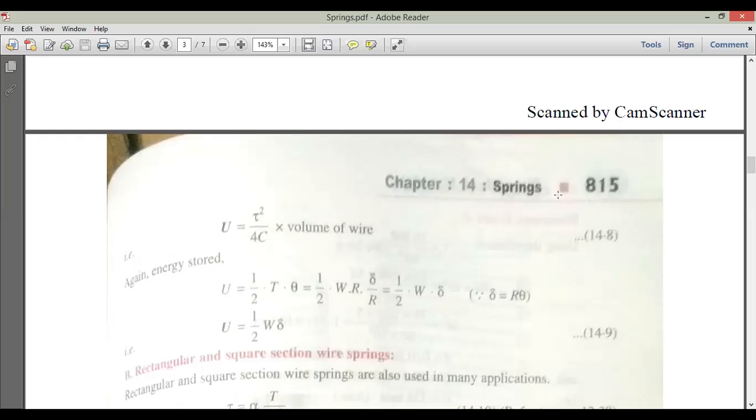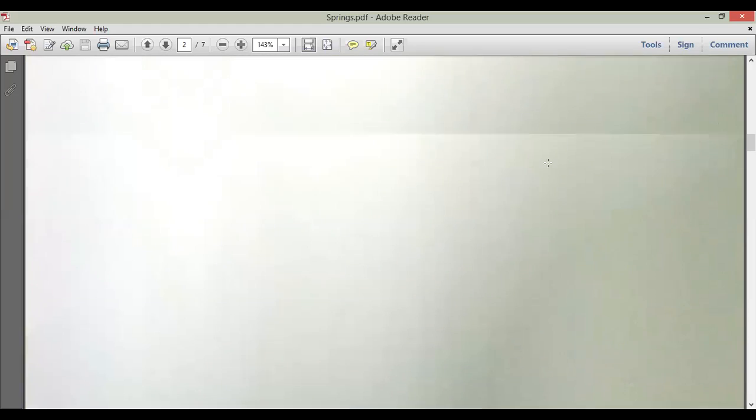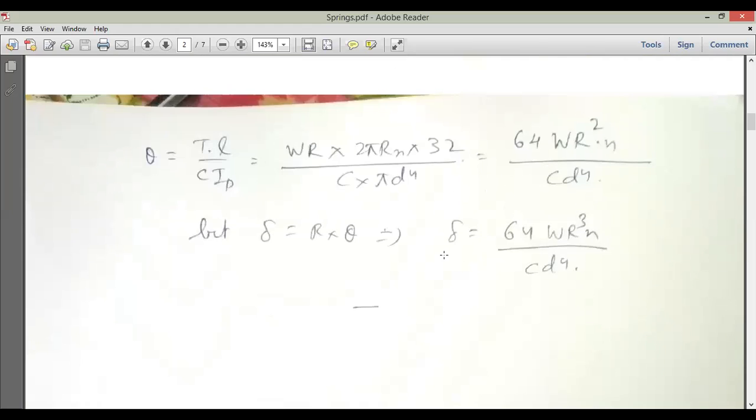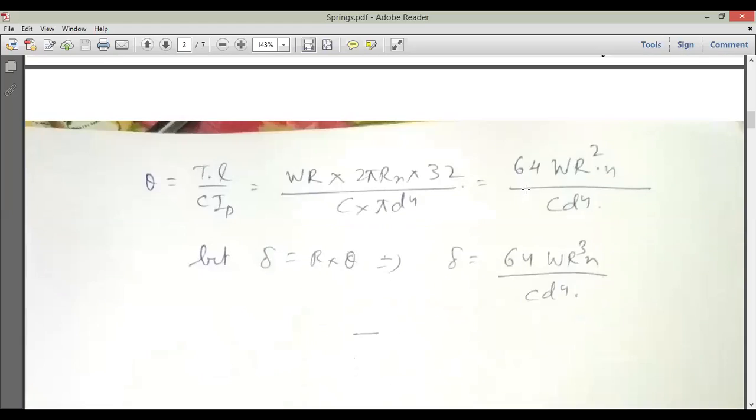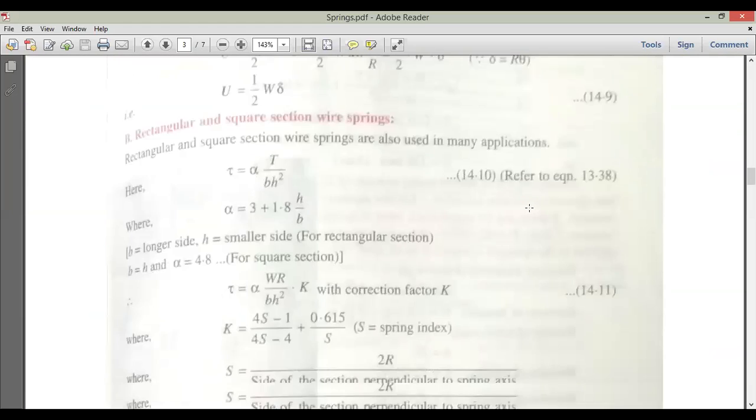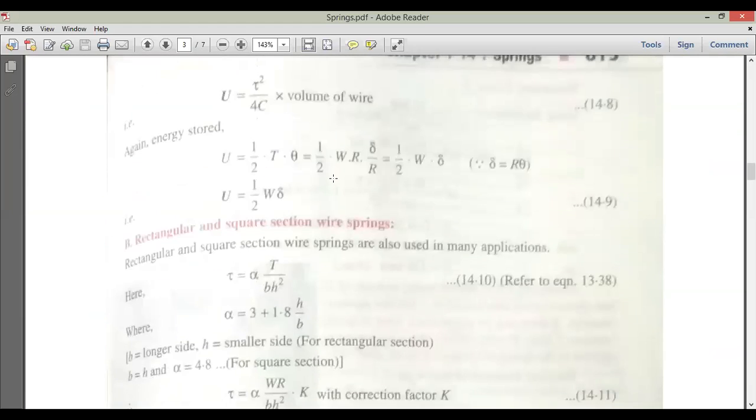Substituting this value, we have half into W into R, then theta is given by delta by R. Substituting these values, we find the energy stored in a spring is U equals half into W into delta.